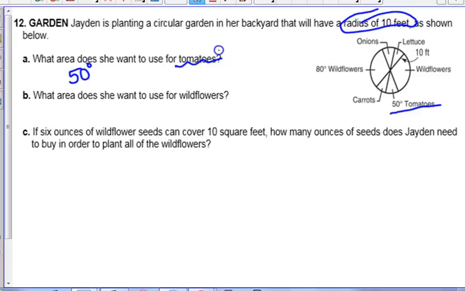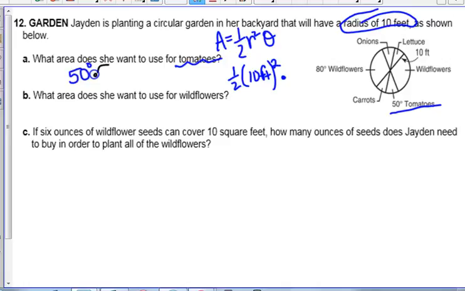We need to find the area, so we're going to do 1/2 r squared theta. But we're going to do 1/2, what's r for this question? 10 feet. Times, what do we have to use for theta though?